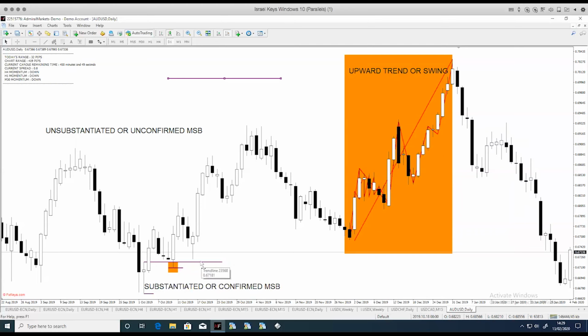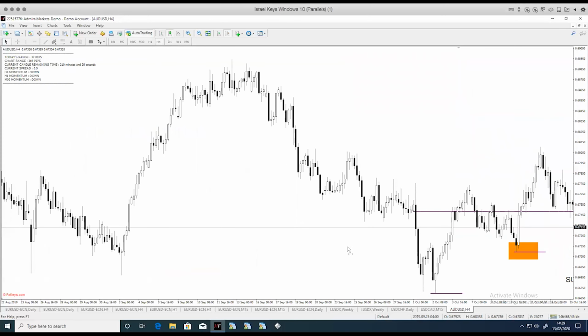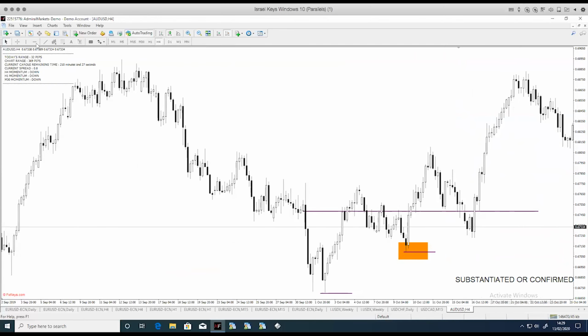If you're an inexperienced trader, which is fine, everybody starts somewhere, that would be the safe, quote unquote, engulfing, in which case you then wait for price to come back down. The problem is you wouldn't know at what point to expect it to find support, in which case you would then drop to a 4-hour chart and find the market structure break on the 4-hour chart, which was here.